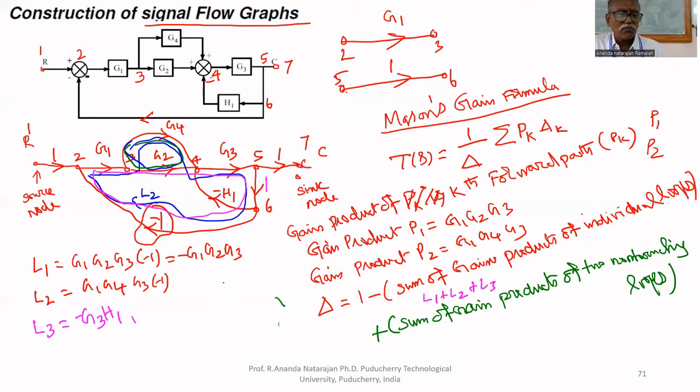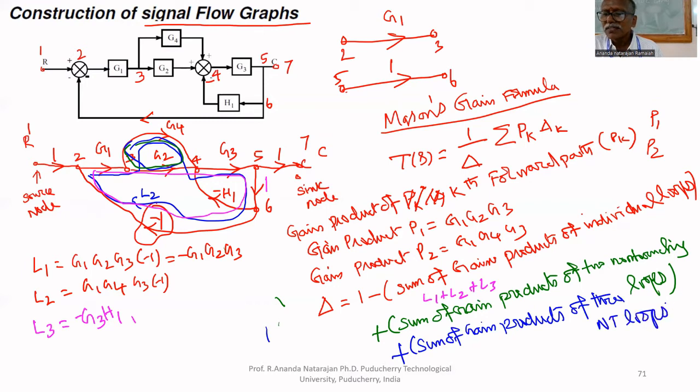Now, if you take one more term, the third term, sum of gain products of 3 non-touching loops. There is no 2 non-touching loops. Then how will a 3 non-touching loop be there? Definitely it won't be there.